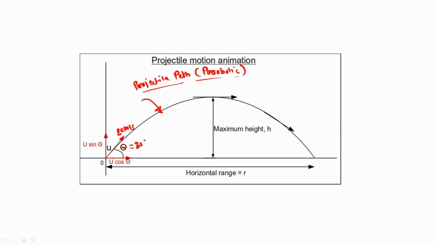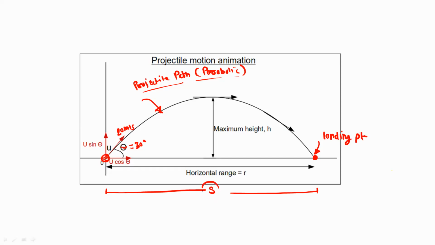So take this as 30 degrees. So with this initial velocity and this initial angle of projection, that is 30 degrees, the object, suppose we are projecting a stone, okay, it will cover a horizontal distance. So this is the last point. So this is called the landing point.